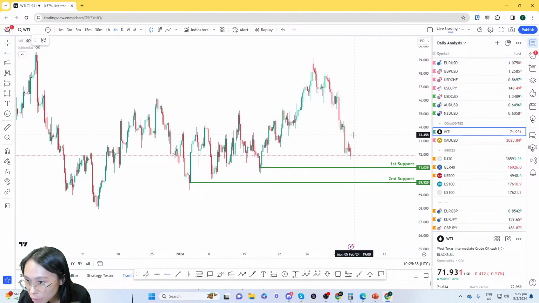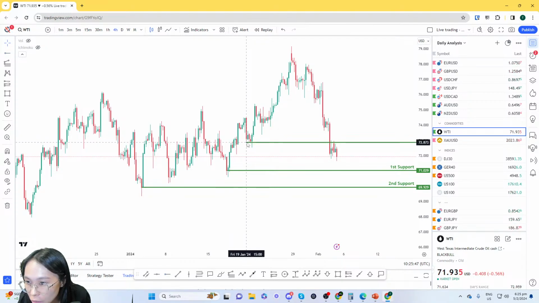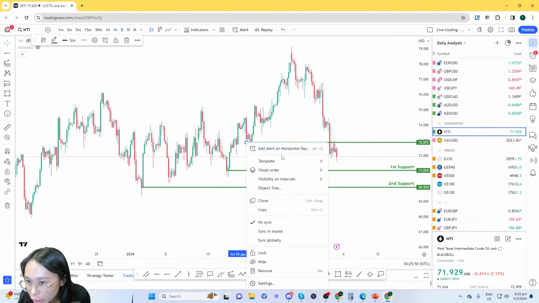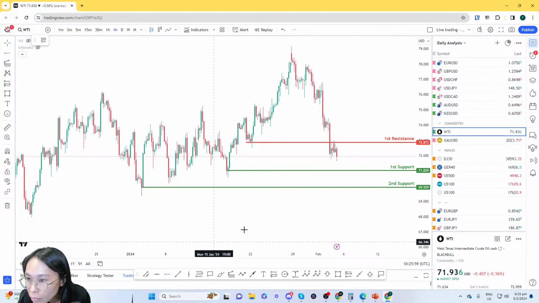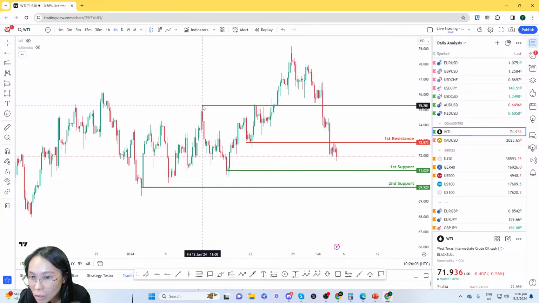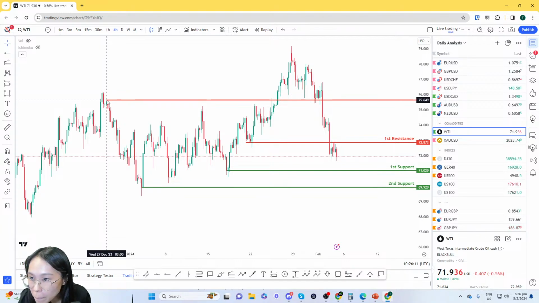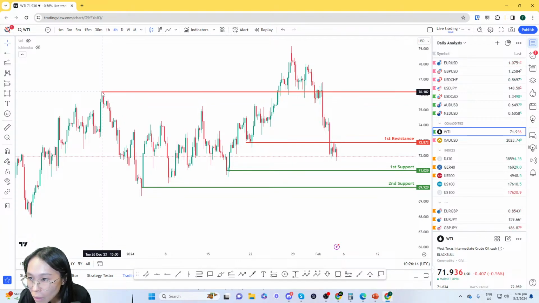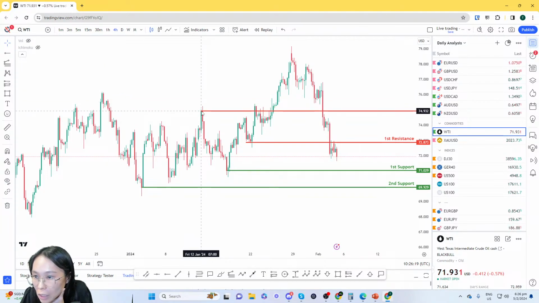And next up, on the resistance side, we do have an overlap resistance. Second resistance is a bit far.